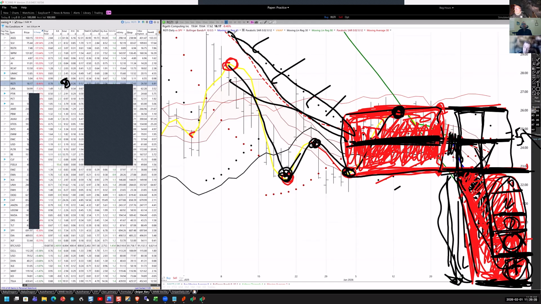Oh, come on, pen. So in terms of detecting signal from noise, now the SMA 30 just started to get downward right here. So this thing is live. Rigetti is live to the downside. Check or hold.